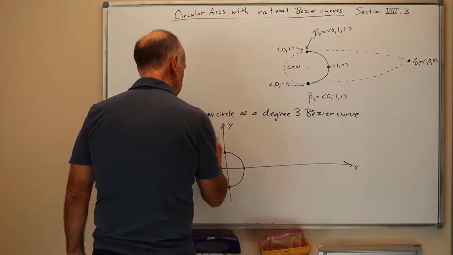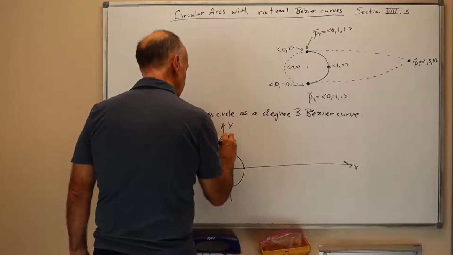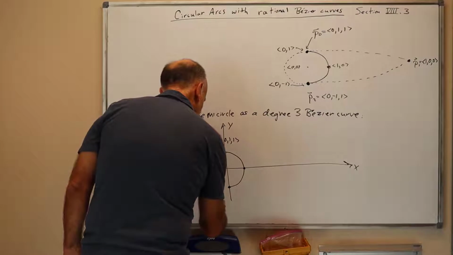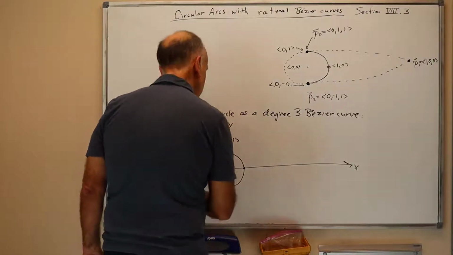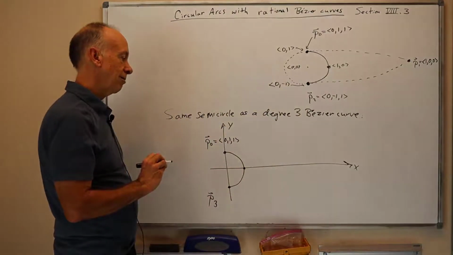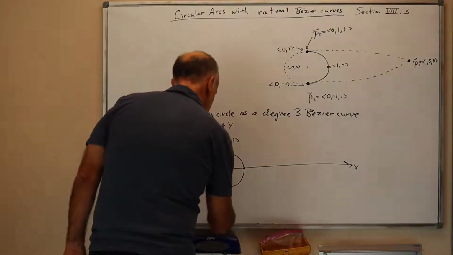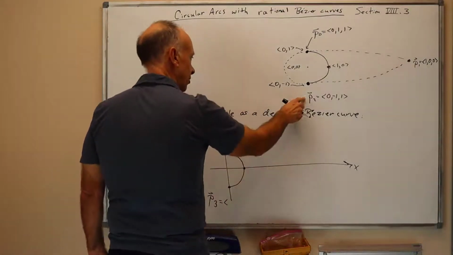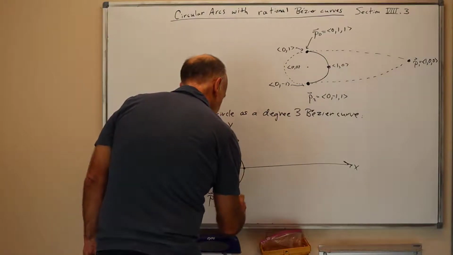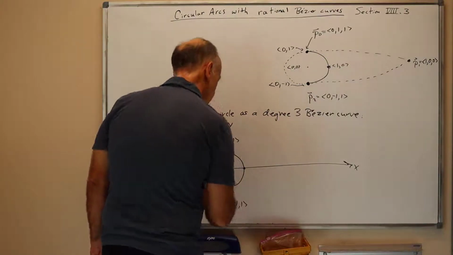The first control point, P0, is still 0, 1, 1. The last point is now P3, because a degree 3 Bezier curve has control points P0, P1, P2, and P3. So P3 is the same as the old P2. It's 0, minus 1, 1.